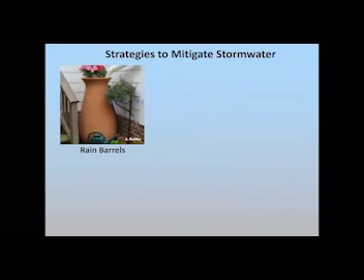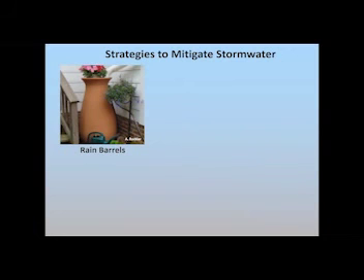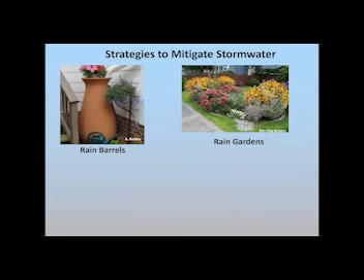Other ways that you can mitigate stormwater around your home is by using rain barrels. This is where the rain water is captured in a barrel from the downspout, and then you can utilize that water as needed to water your plants. Rain gardens are another way to channel rainwater, stormwater into a depression area that's planted. And those plants not only provide habitat, pollinator habitat, but they're also taking up nutrients and taking up water from the rain.